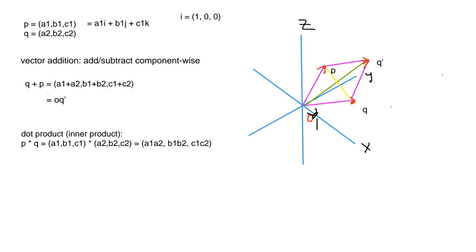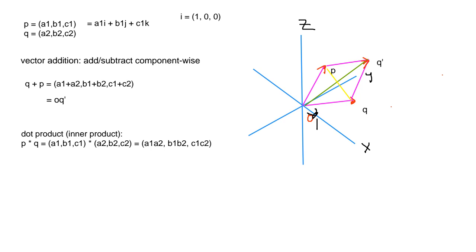Its first component represents the x value, which is 1, no value on y, no value on z. So i is the vector 1, 0, 0. Similarly for y, this is positive.